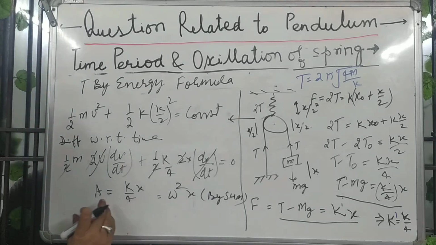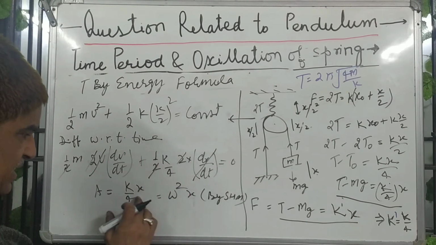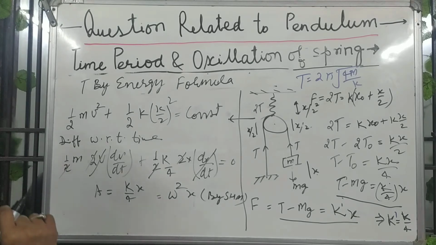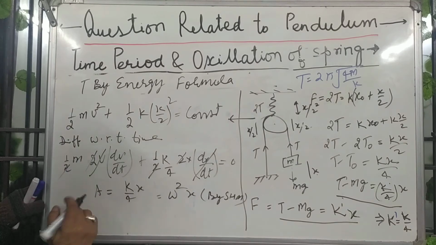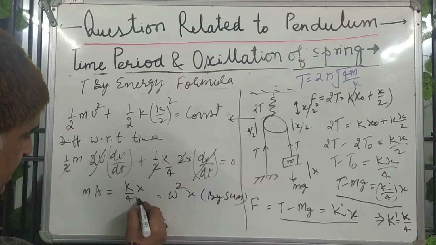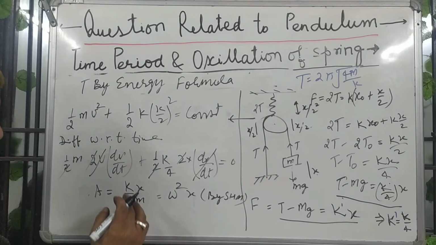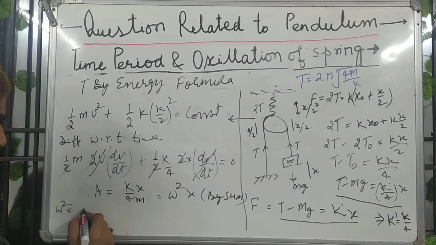So x and x cancel. One minute, I have forgotten to write the mass m here. So taking the mass to this side, 4m, and x and x cancel. So omega square equals k by 4m.